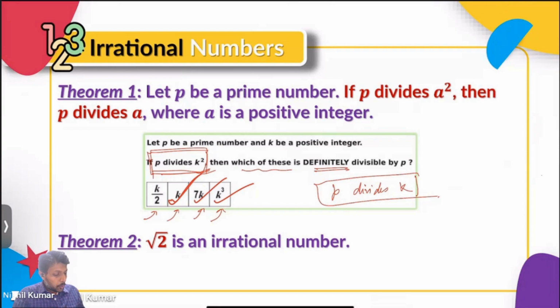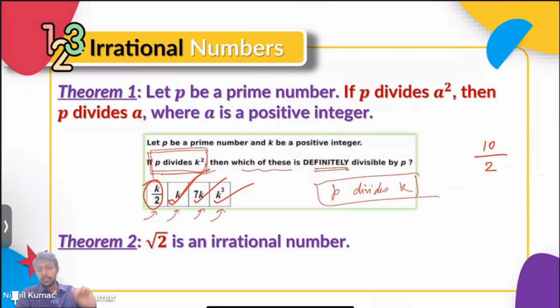Okay. What about K upon 2? If P divides K, will it be able to divide K by 2 also? Think. I'll quickly give you an example. Okay. So 10, and the prime number is 2.